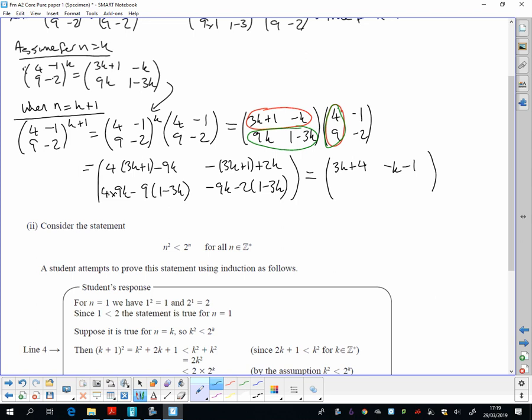Did I multiply something wrong there? Oh yeah, then plus. I think something might have gone wrong with my signs there. We'll have a look at that in a sec. The last one's going to be negative 9k, take away 2k plus 6k, so it's going to be negative 3k, take away 2.